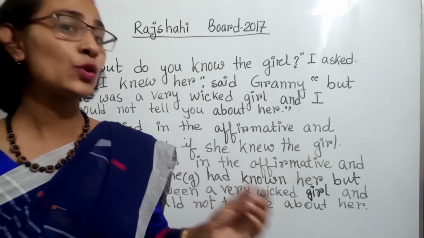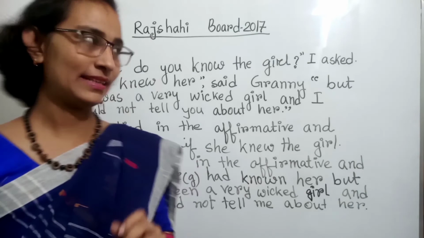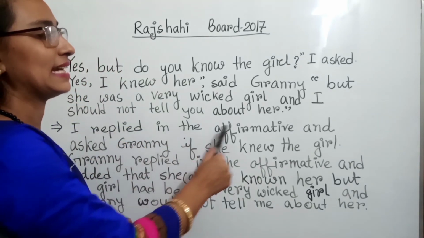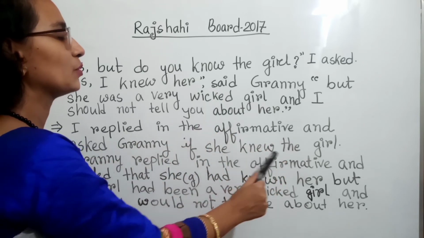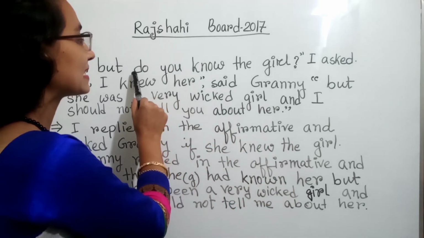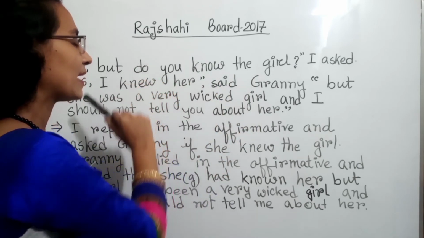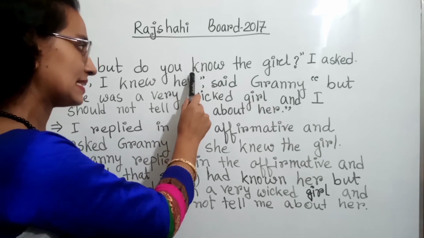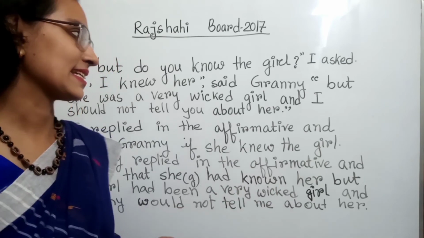And if you see "no," in that case you have to write "replied in the negative." Here I wrote, I replied in the affirmative and asked Granny if she knew the girl. The second sentence is an interrogative sentence and the sentence started with "do." That's why I wrote here "if." And it is present tense. That's why I converted it into past tense.